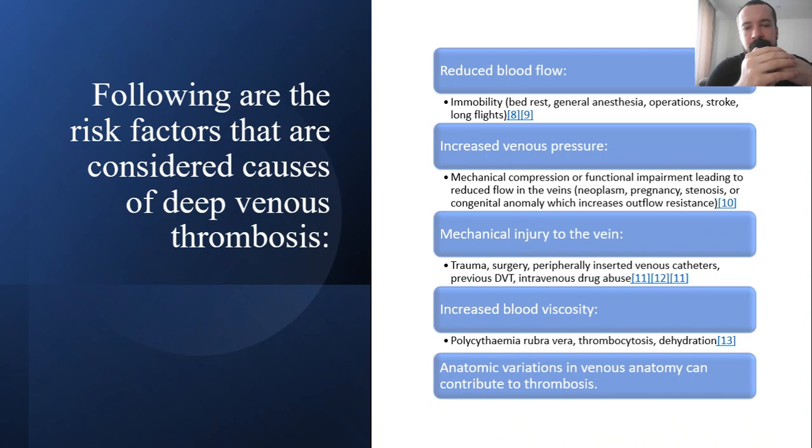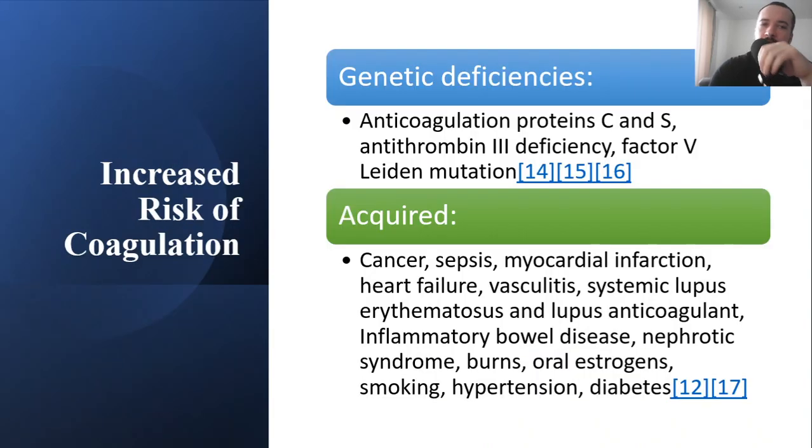increased blood viscosity, polycythemia rubra vera, thrombocytosis, dehydration, and anatomic variation in venous anatomy can contribute to the thrombosis. Increased risk of coagulation: genetic deficiencies, anticoagulation, protein C and S, antithrombin 3 deficiency, factor V Leiden mutation, acquired cancer, sepsis, myocardial infarction, heart failure, vasculitis, systemic lupus erythematosus, and lupus anticoagulant, inflammatory bowel disease, nephrotic syndrome, burns, oral estrogens, smoking, hypertension, diabetes.